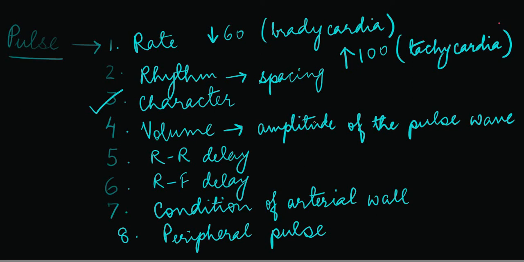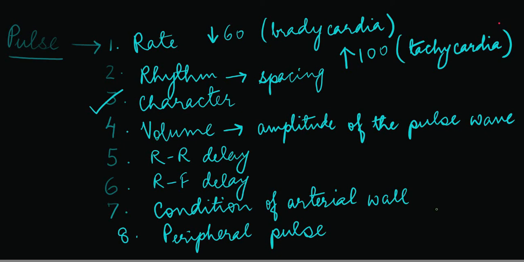The condition of the arterial wall is especially important while measuring the pulse of elderly patients or people with hypercholesterolemia, because in atherosclerotic walls the arterial wall may become thickened, and that can be noted by palpating it using the trisect method.